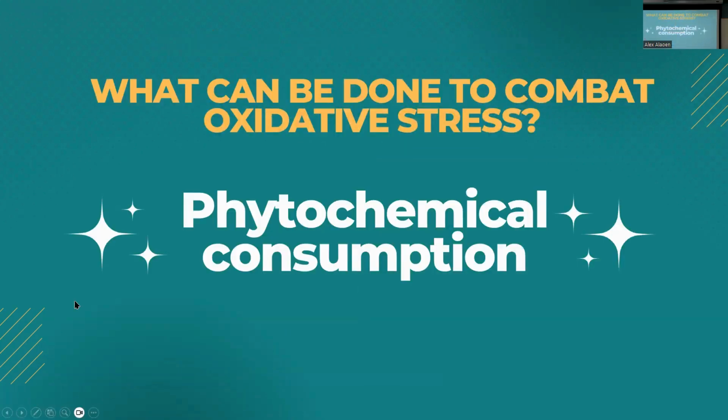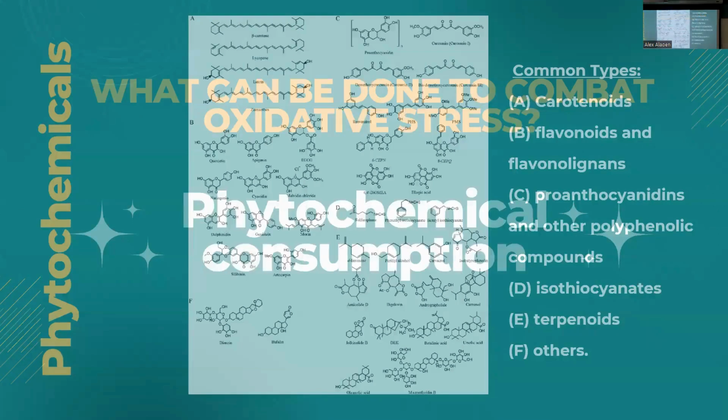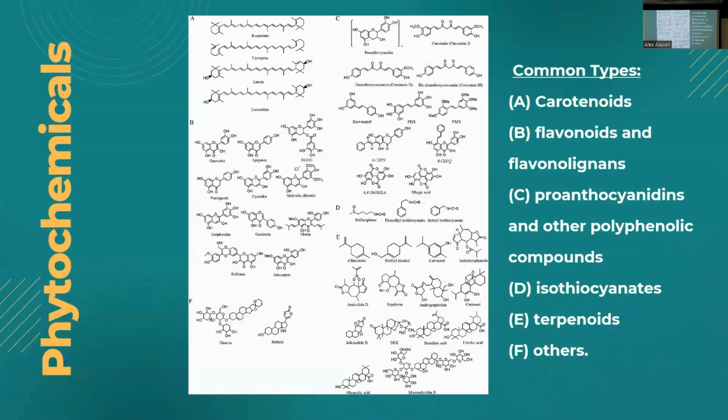Awesome. So what can we do to combat oxidative stress? The consumption of phytochemicals can really help with this. Phytochemicals are bioactive compounds produced by plants, and they hold no nutritional value. So these are some examples of phytochemicals that we can consume.